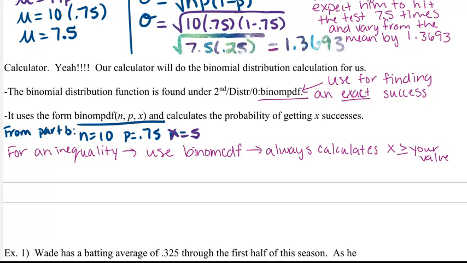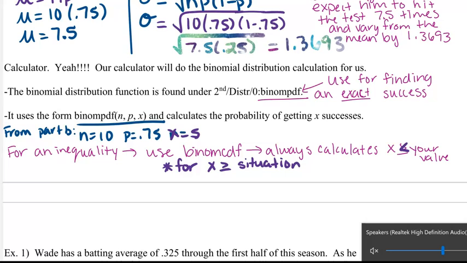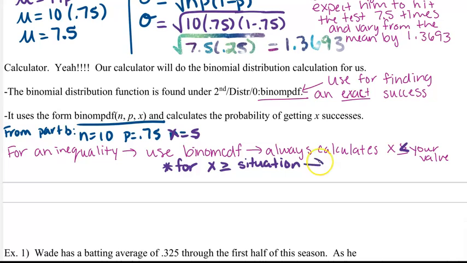If you want a greater than value, so for an x is greater than or equal to, oh my gosh, I'm sorry, it's always less than or equal to. So for an x is greater than or equal to situation, you need to go 1 minus whatever you don't want, the x is less than or equal to situation. And this gets tough because usually you have to take out 1, and I'll show you what exactly that means, because we're going to double check our answer in part C.